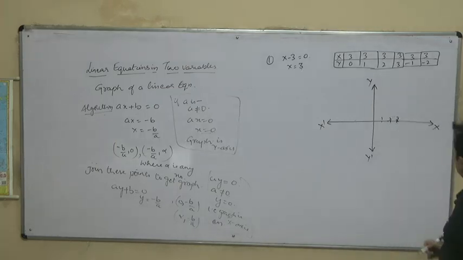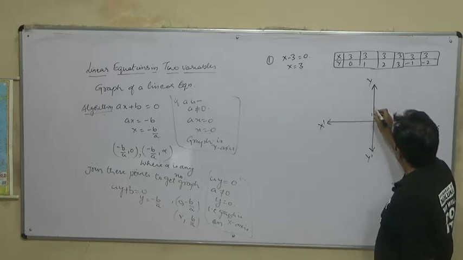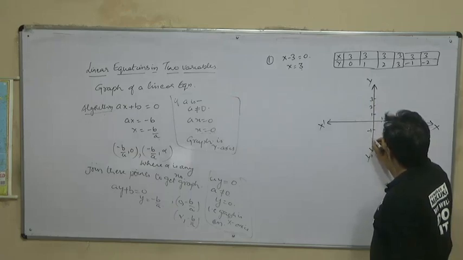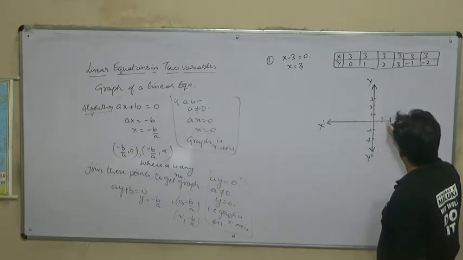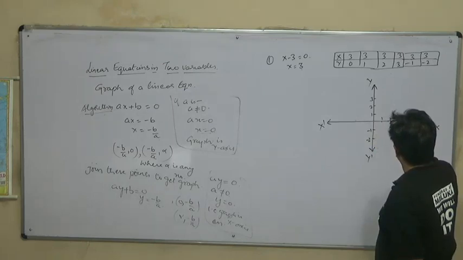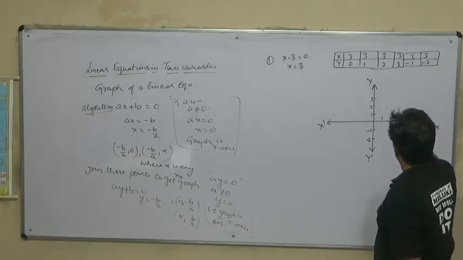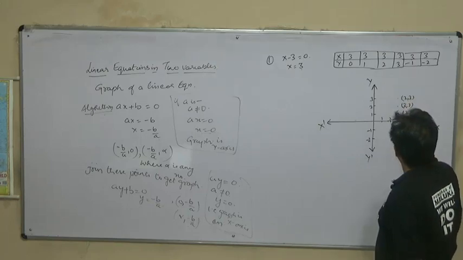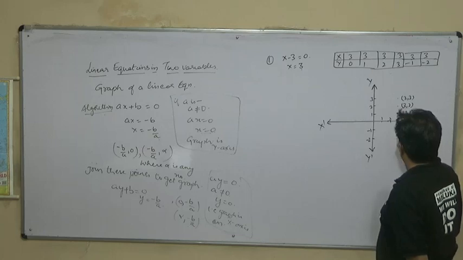Then (3, 1); this is y1, y2, y3, y minus 1, y minus 2. Then this is (3, 2), and this will be (3, 3). Likewise, we have (3, minus 1) and (3, minus 2).